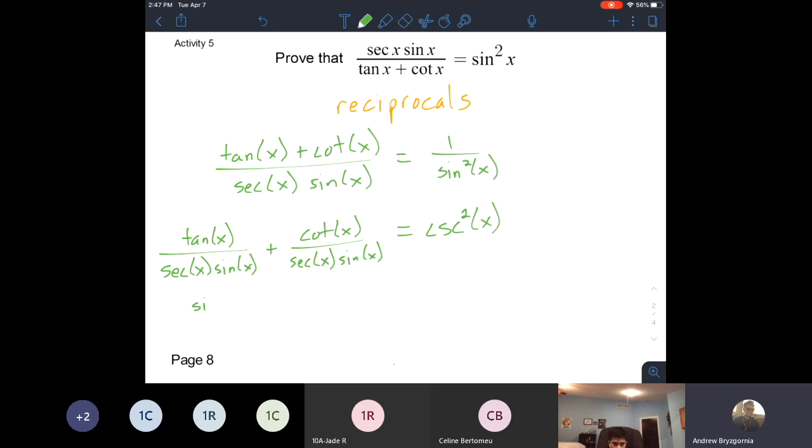So tangent is sine over cosine. Secant is 1 over cosine. And then we still got sine there. And then for the second one, cotangent is cosine over sine. And then we still are going to get 1 over cosine times sine.